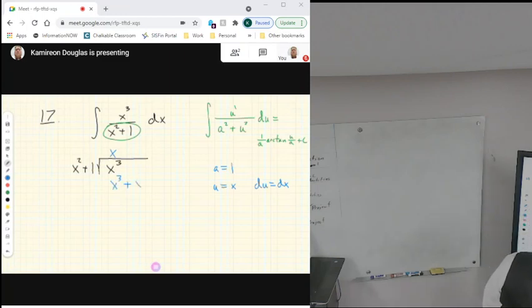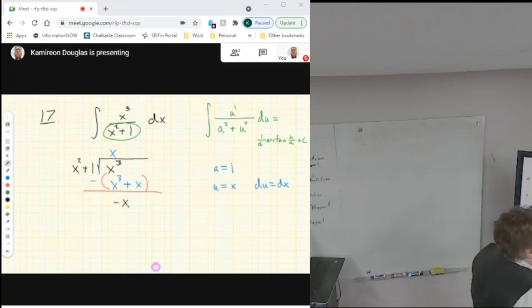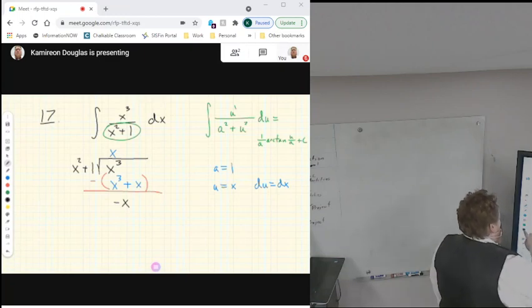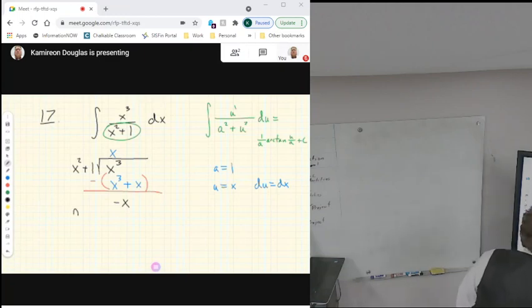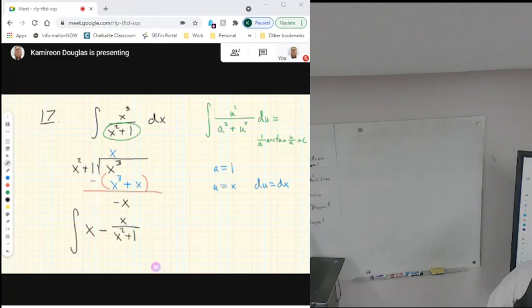If I have x there, then this becomes x cubed plus x. I then subtract that piece from the original piece, which gives me a new version of the problem, which is negative x. Now, x squared never goes into negative x. So that means this integral becomes the integral of x minus x over x squared plus 1 dx.